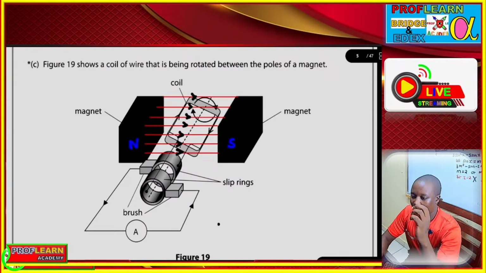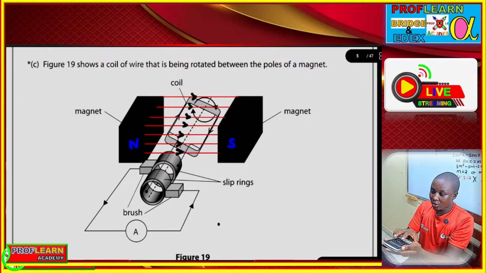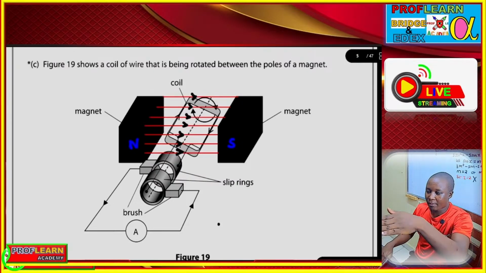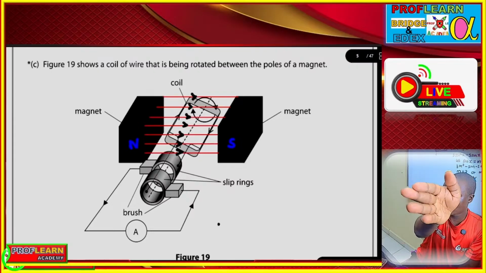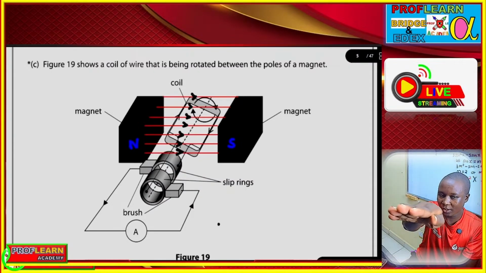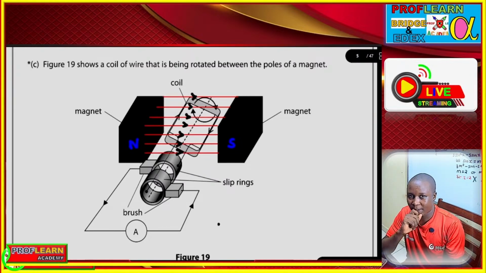So we also need to appreciate that when the conductor cuts through the magnetic field, because this coil is going to rotate within the magnetic field, it is going to cut through the fields.